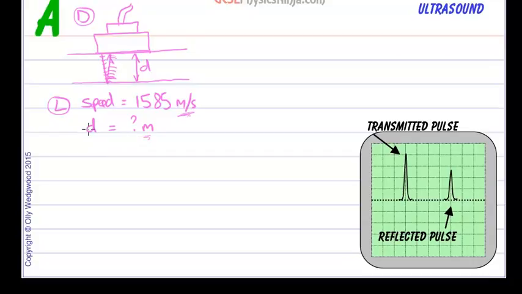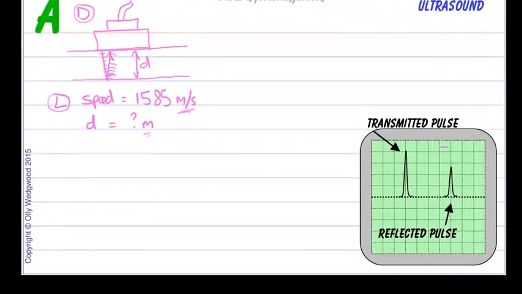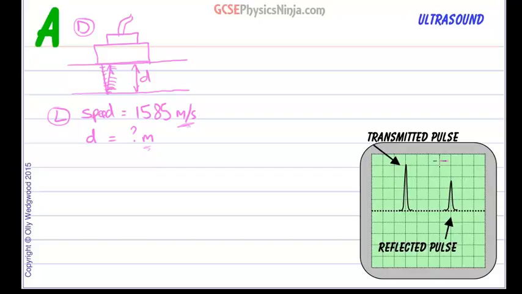It's always a good idea to show what units you're working in at the listing stage. We know speed, we're trying to find distance, and what else do we know? Well, we know the time that the reflected pulse came back. And each of these divisions is, I think we said, 2 microseconds. So that is 2 microseconds from there to there. And what is a microsecond? So let's just put T equals 2 microseconds.